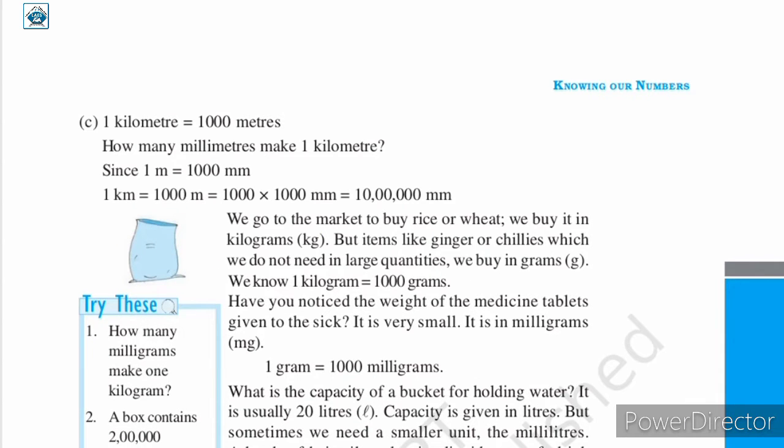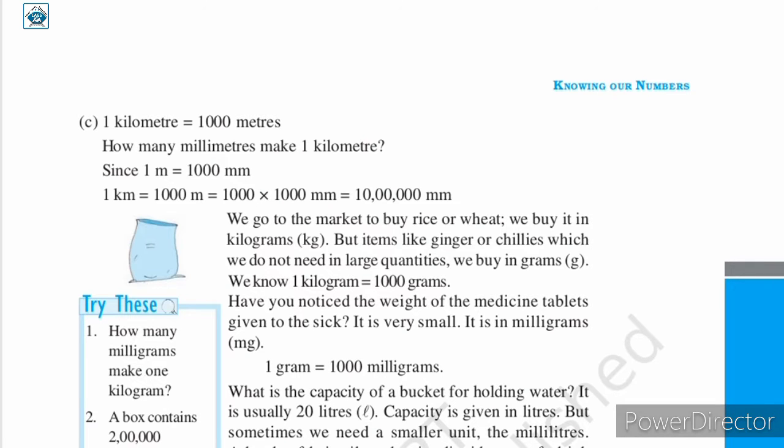We go to the market to buy rice or wheat. We buy it in kilograms. But consider items like ginger or chili. These are not required in large quantities. So these are bought in grams. And we know that 1 kilogram is equal to 1000 grams. Consider the case of medicine tablets, when they are given to you when you are sick.